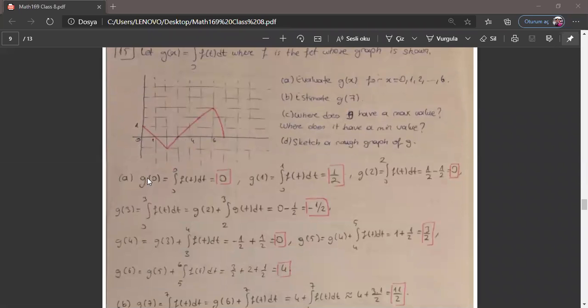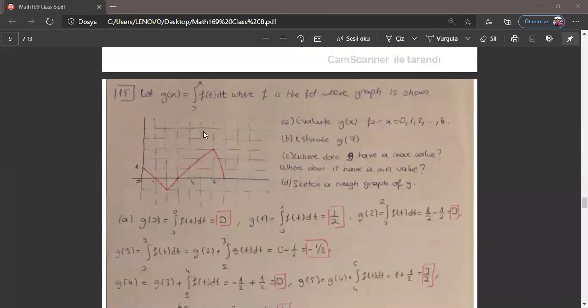Now, for example, g of 0, from 0 to 0 by definition of g, we have this integral. It's of course 0. And g of 1, it's this integral, right? So we recall that this is the graph of f. Okay, from 0 to 1, we have this triangle, so we have 1 over 2.